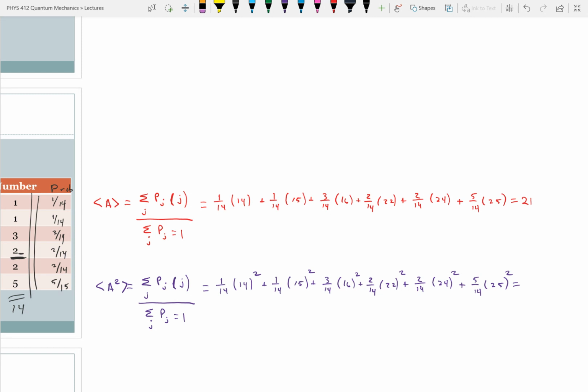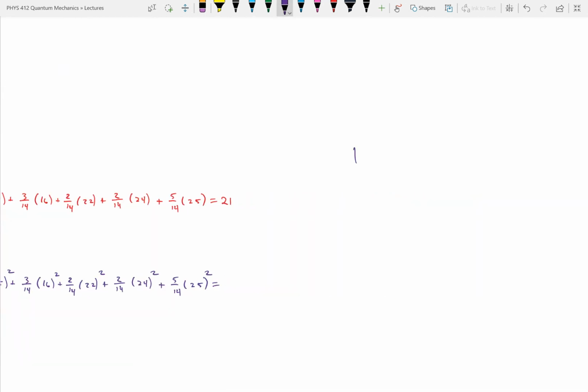Now what about the expectation value for the squares? So that means I have 1, 4, and 9. That would be the average between 1, 4, and 9, which is going to be 14 divided by 3. So let's just go over here. I have 1, 2, and 3 as my values.